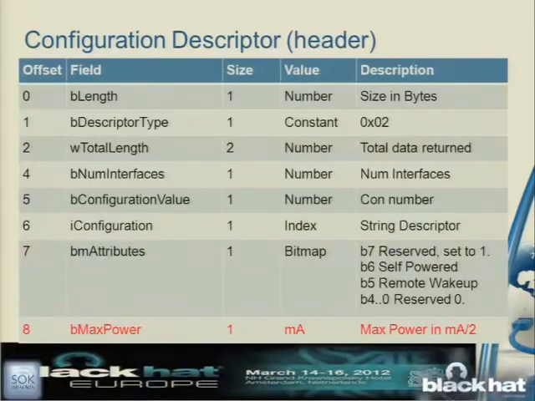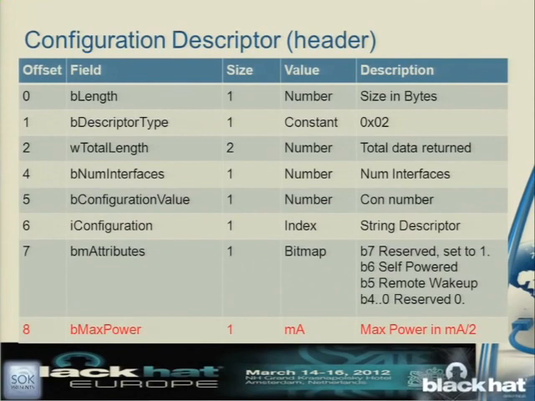All right, so once your device has been connected, it will get a device descriptor, and then the next thing it's going to do is get a configuration descriptor. And it's going to say things like, how many interfaces do I support? Usually it's just one. What's the configuration value for my default? I can have a string descriptor that describes that configuration.